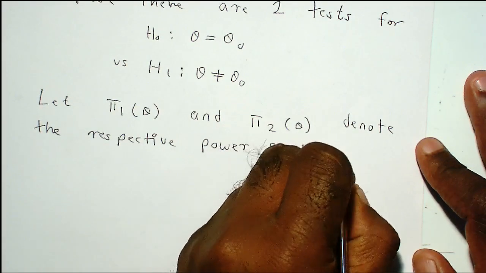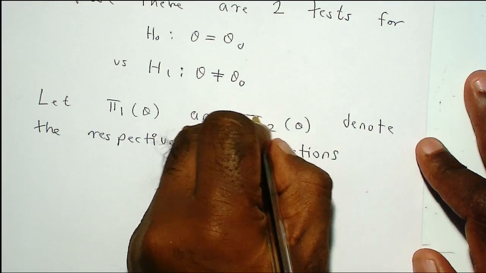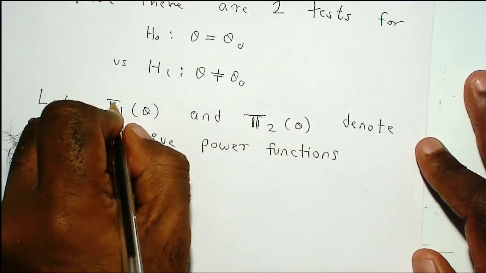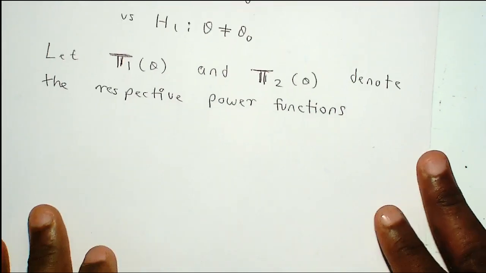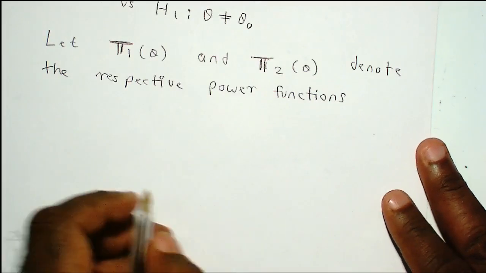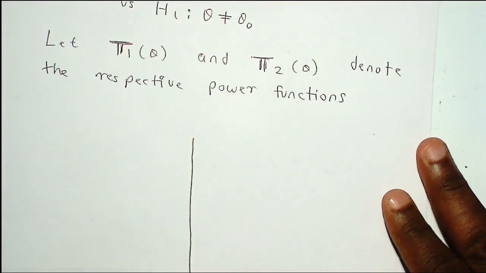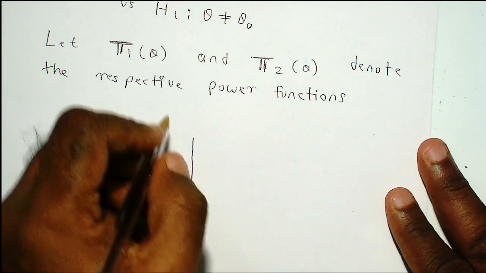This is pi 2, guys. This is pi 1. Let pi 1 and pi 2 denote the respective power functions for the two different tests. And what to do next is to plot them. So I'm going to plot.